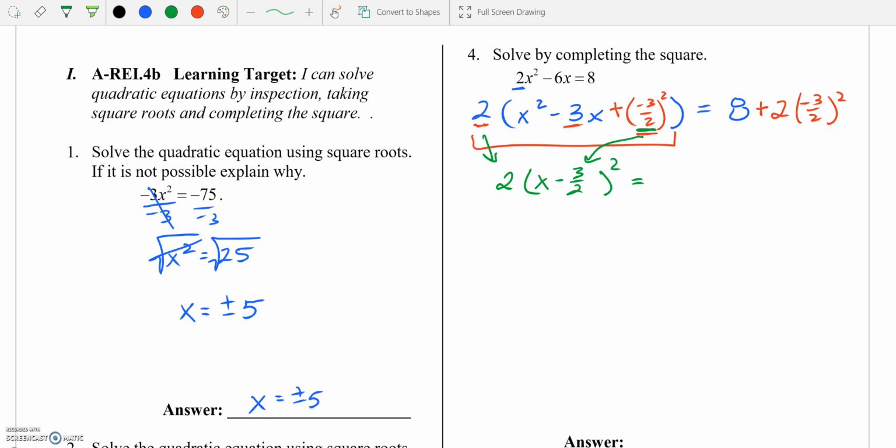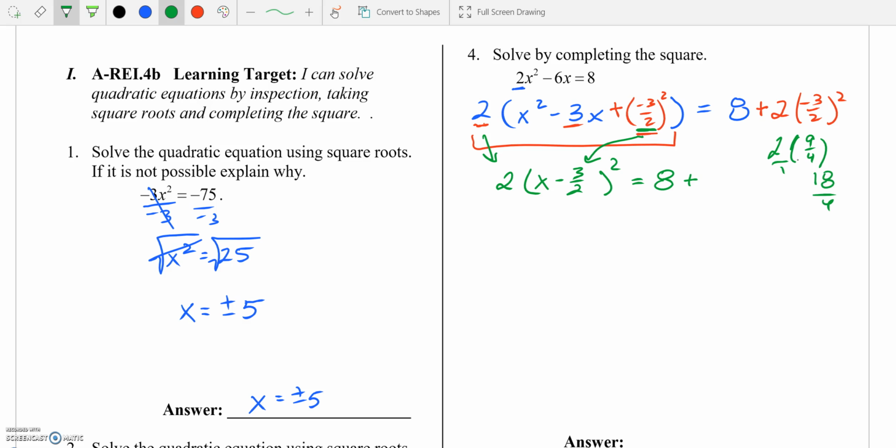It's equal to 8 plus, let's see, over here we've got 2 times -3 over 2 squared. -3 over 2 squared is going to give me positive 9 over 4 when I square the top and square the bottom. So this gives me 18 over 4 when I multiply it.